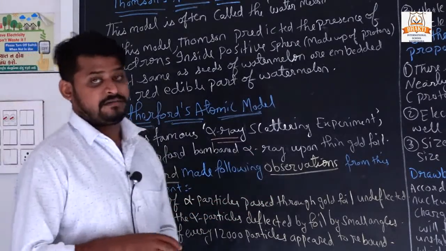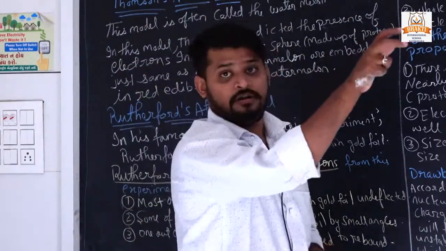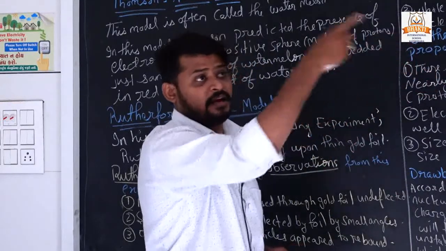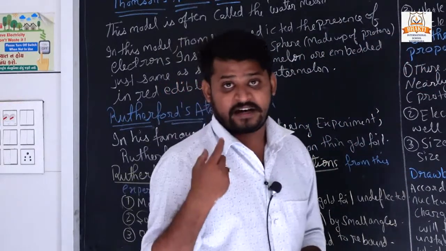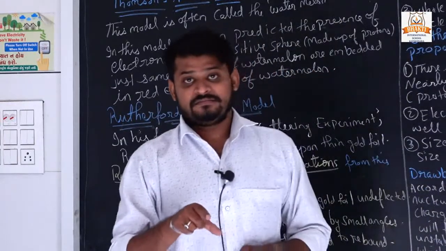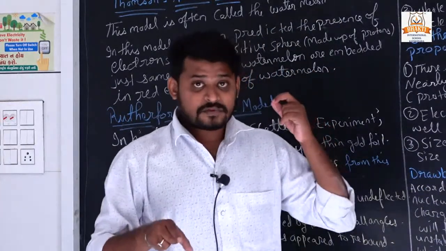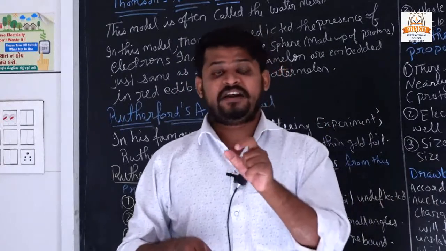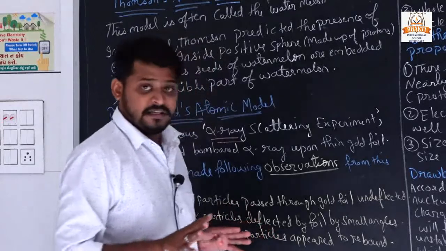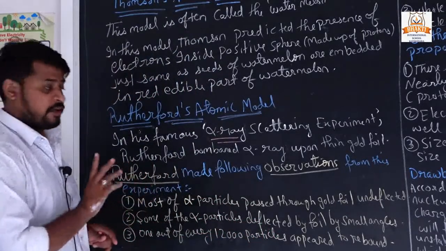Meaning, when we throw a ball towards a wall, what happens? The ball goes, strikes the wall and then comes back; it is deflected. But when Rutherford passed the alpha rays to strike the gold foil, most of the alpha rays passed through, meaning they were not deflected. This was the first observation of Rutherford.